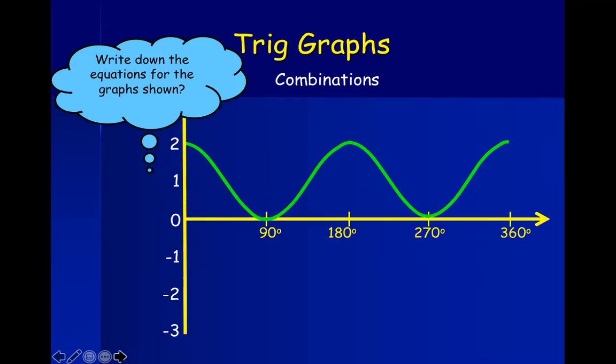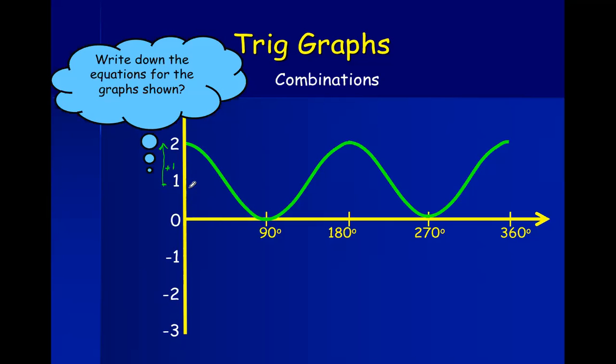So that'd be the first thing I ask myself. The second question I ask myself, cosine normally starts at 1, but this one, instead of starting at 1, it's starting at 2. So that means we went from 1 to 2. It's grown up by +1, right?